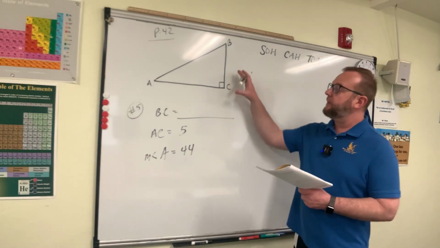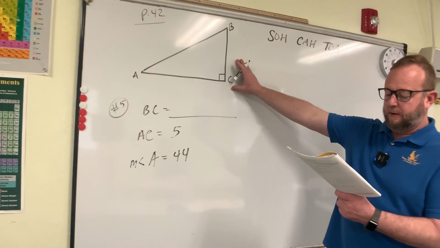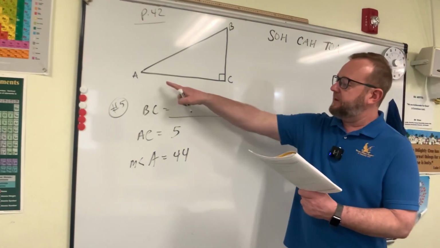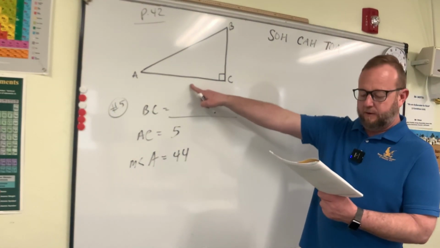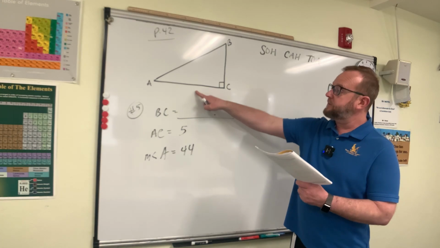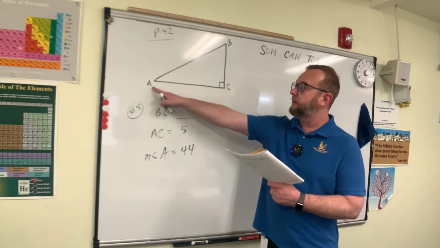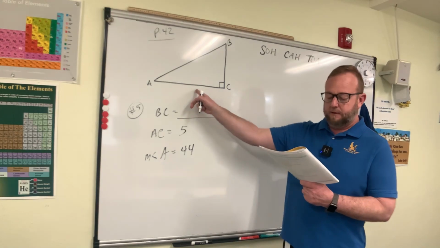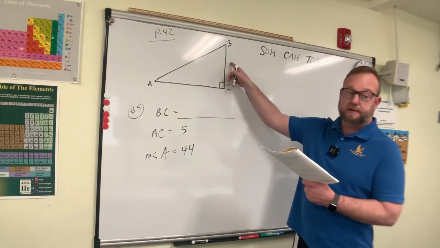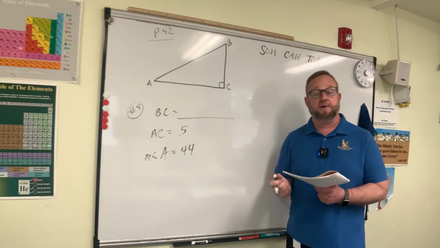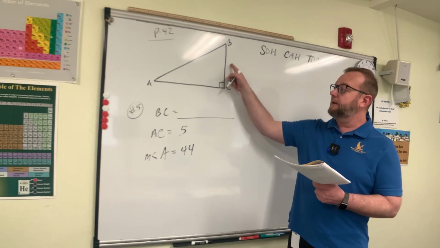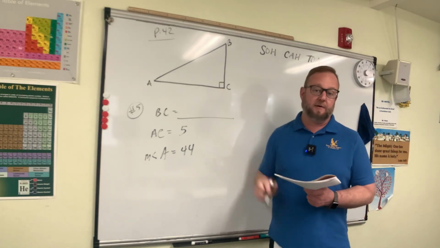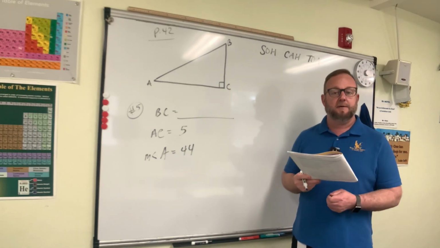If I look at my right triangle, I see AC, that's the 5 that I know. So I know this angle and that side, but I'm supposed to find this side. Which trig function would help me find this side when I know this side and that angle? Sine, cosine, or tangent?